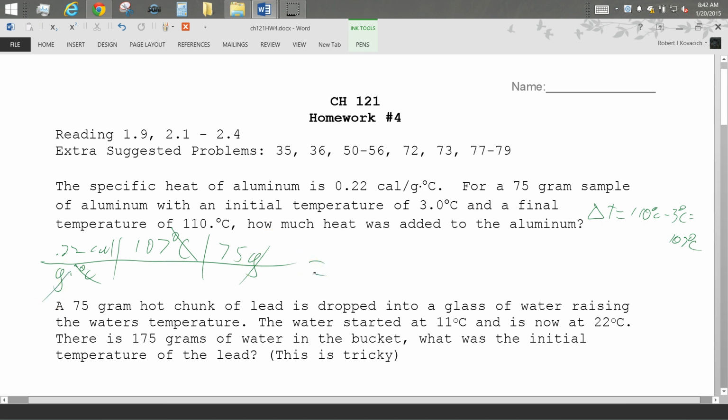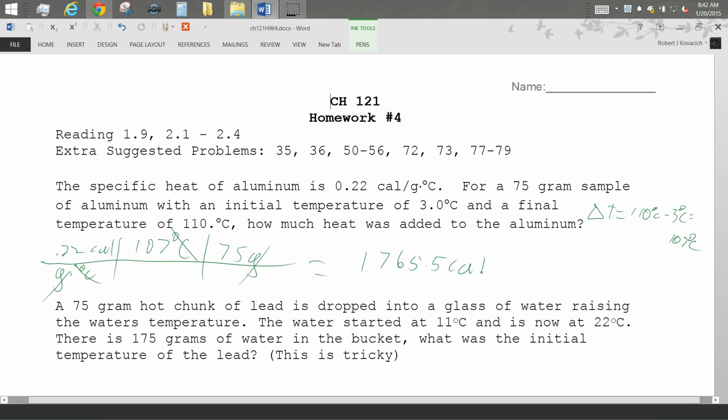And what do we got here? 0.22 times 107 times 75. So I've got 1765.5 calories. And what should I report for my answer? 1,800?